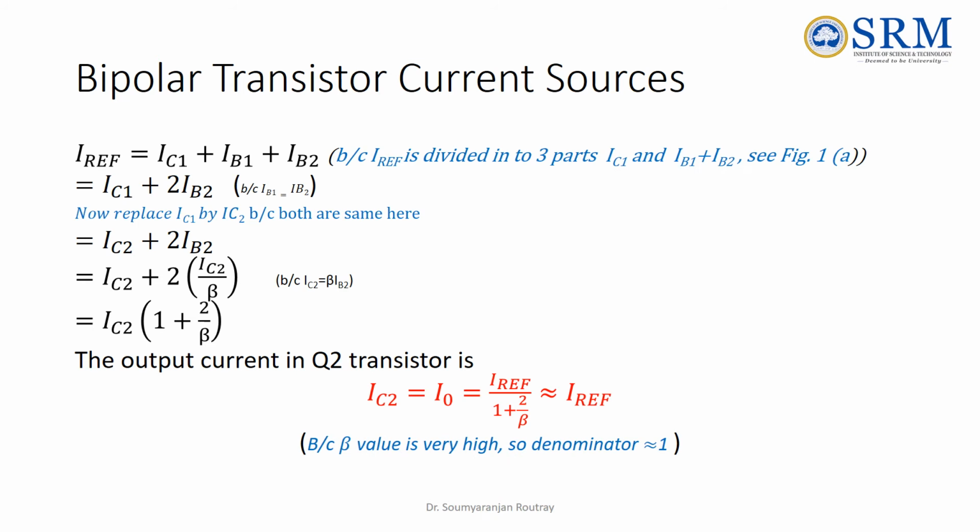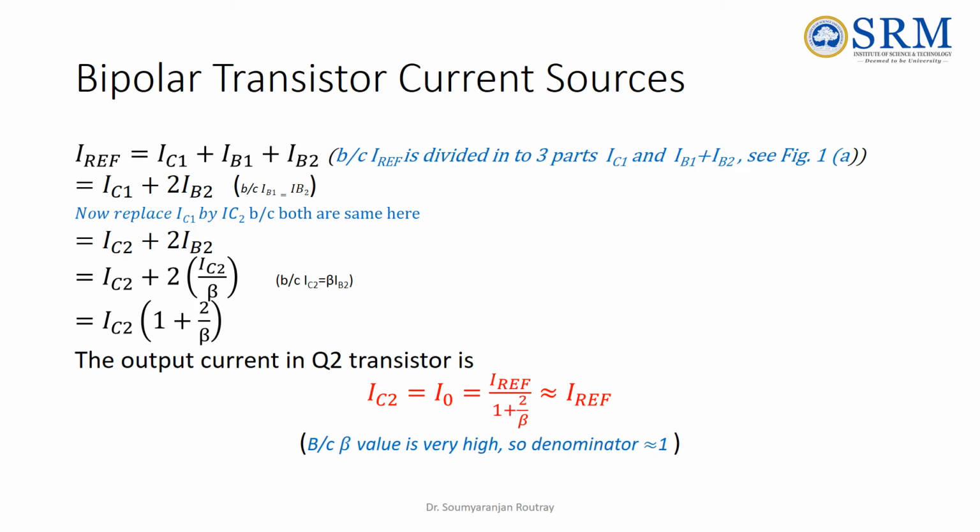Next, now you can see if you apply KCL at the collector terminal of the Q1 transistor, I reference, known as IREF, is equal to IC1. That means the current flowing through the transistor Q1 plus the rest of the current coming through the shorted node to the base of both the transistors, and that current will be equally divided into IB1 plus IB2.